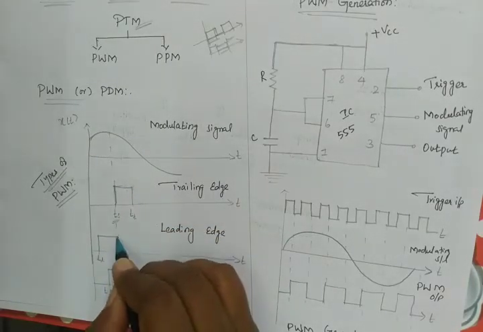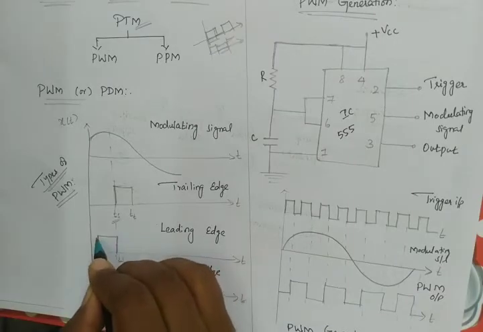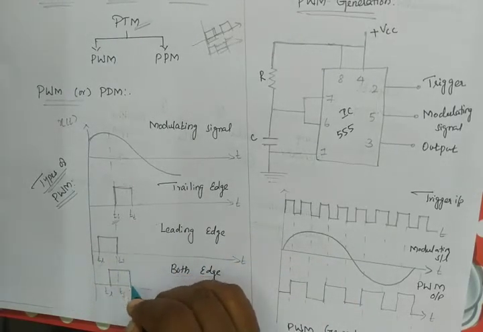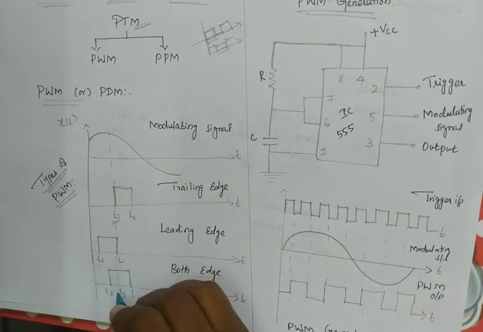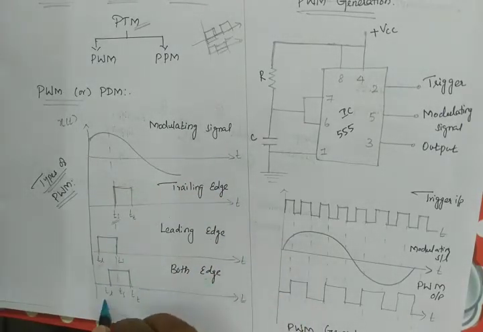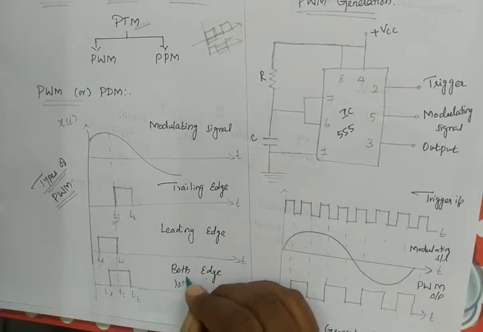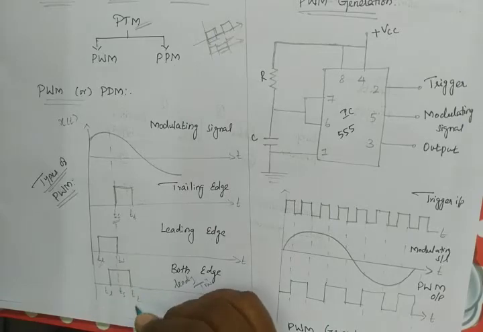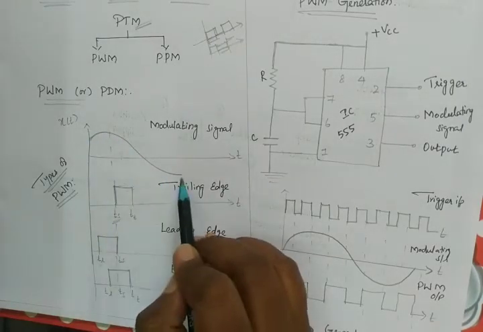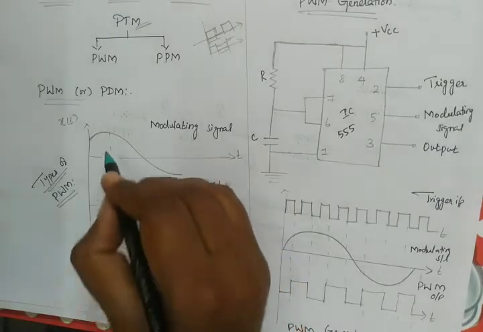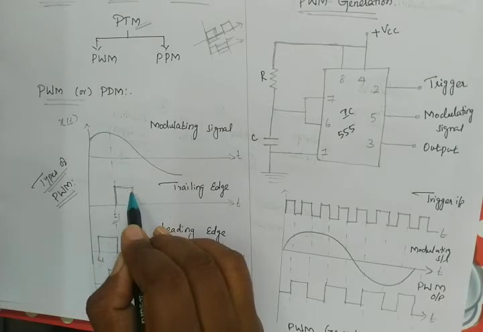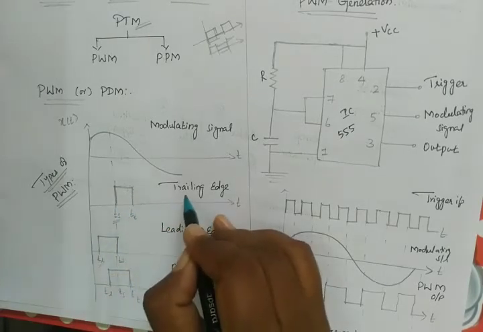If we have sampling time in the middle, and if we have the edges before this middle, then it is called leading edge. And if we have the sampling time in the middle with edges on both sides, then it is called both edges, that is leading trailing edge. This is called leading trailing, because here we have leading and here we have trailing. And listen, this is our modulating signal, message signal or original signal. If we take samples in the middle of the signal and if we have the off time after the sampling time, then it is called trailing edge.